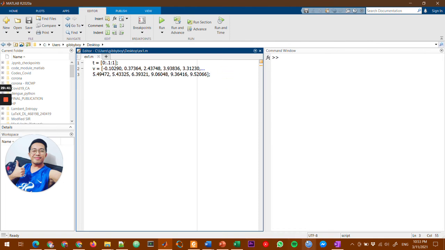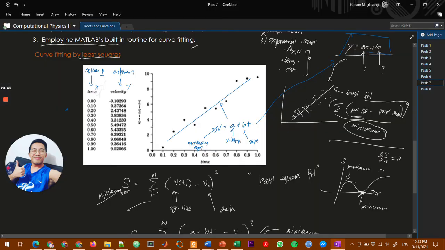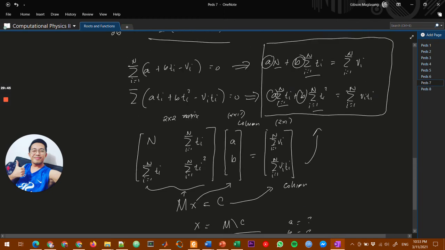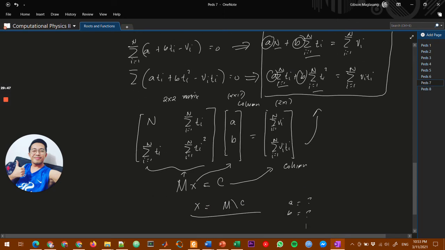So first, take a look at the equation. This is what we need to determine, right? So we need to set up the matrices first. We have the matrix M, the matrix X, and the matrix C. And notice that we have n, so we put the sum there.